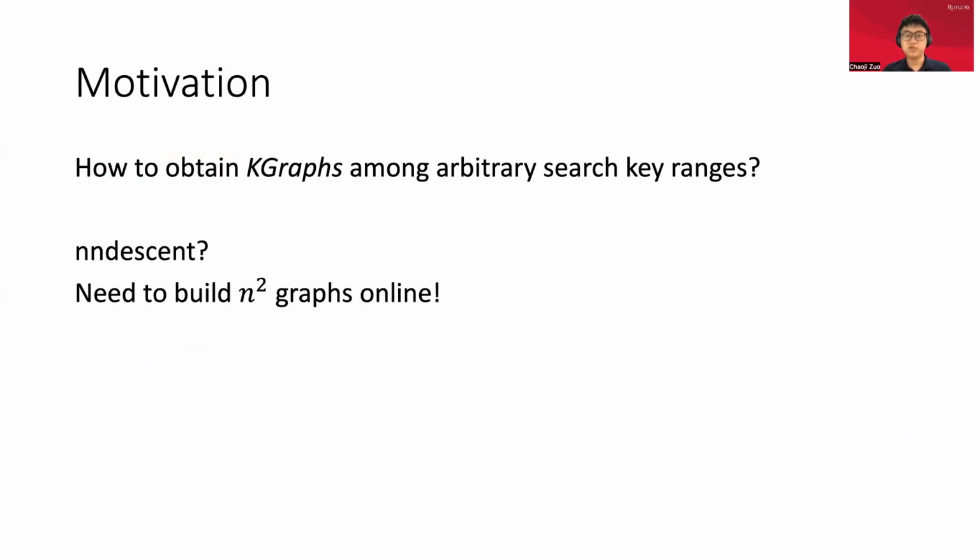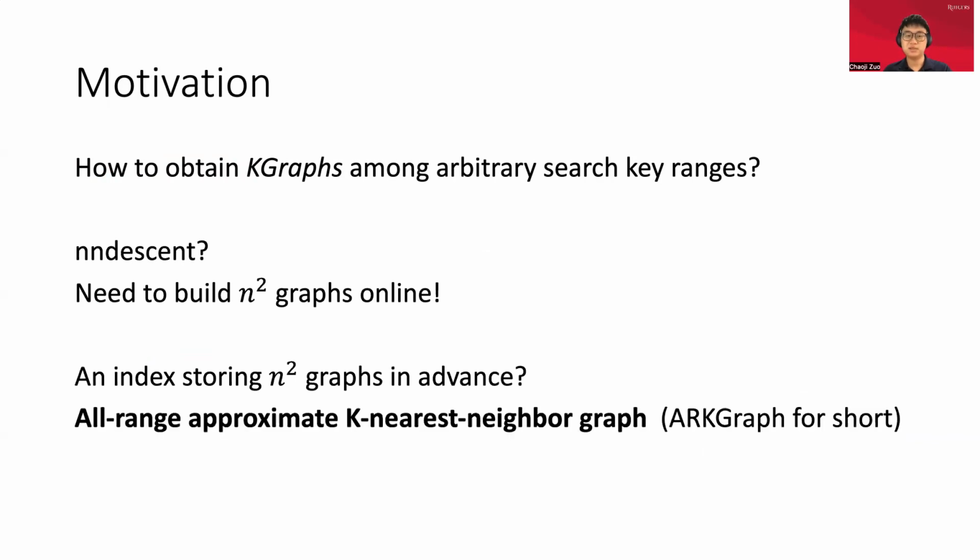So if we just simply apply the naive NN-Descent algorithm, we need to build n-squared graphs online. And how about deciding an index to store all the n-squared graphs in advance? So we propose the ArcGraph, which is the all-range approximate K-nearest neighbor graph.